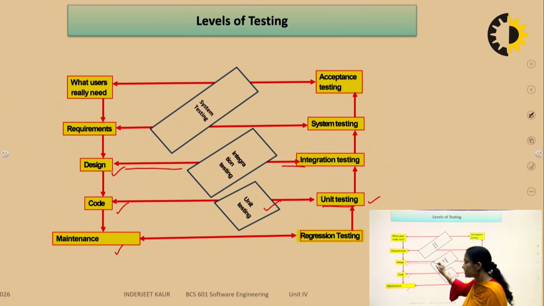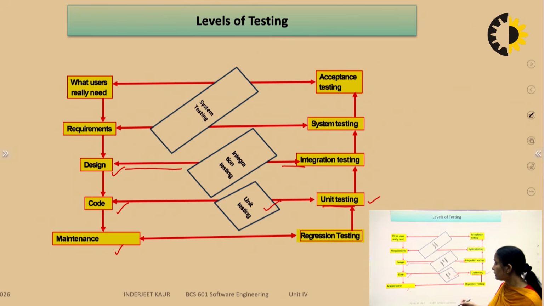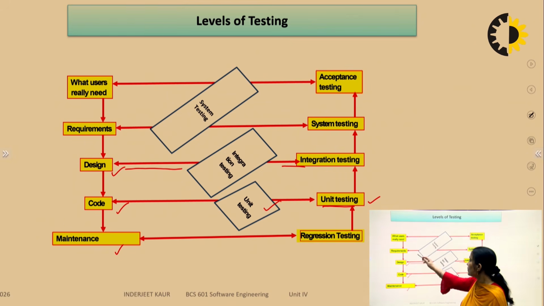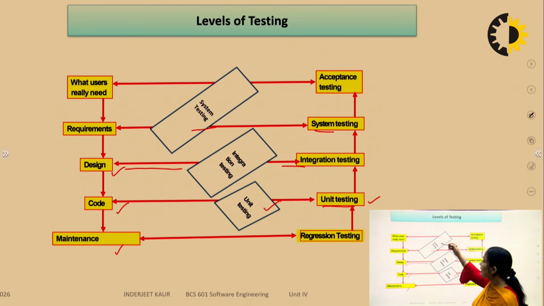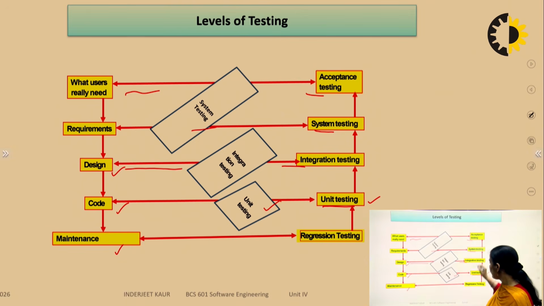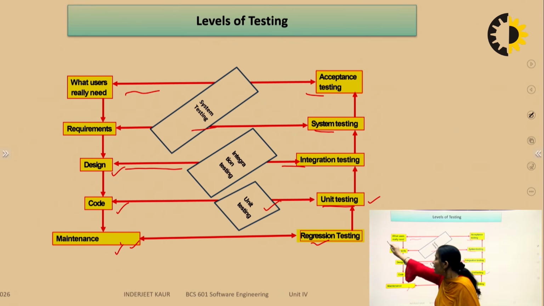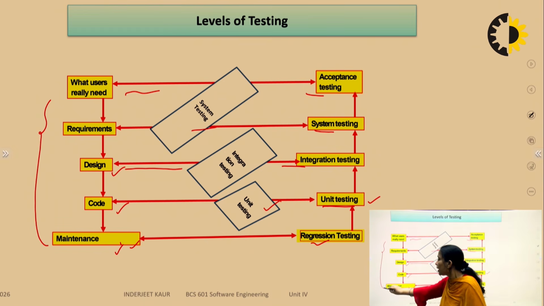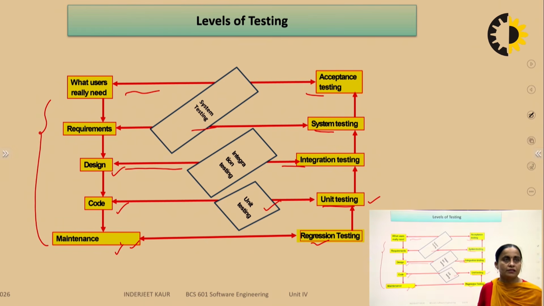At the design phase we do the integration and check it as per the requirements, that is my system testing. Checking it as per our customer needs is acceptance testing. And how I maintain it comes under regression testing. So these are the levels of testing related to the different phases of my software. I must know and understand this.